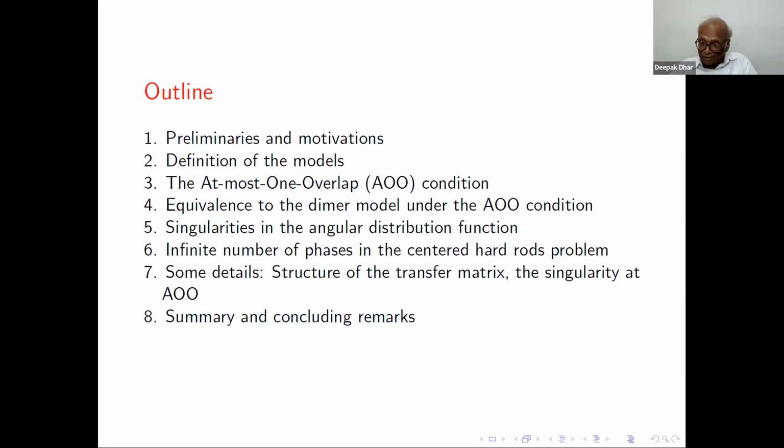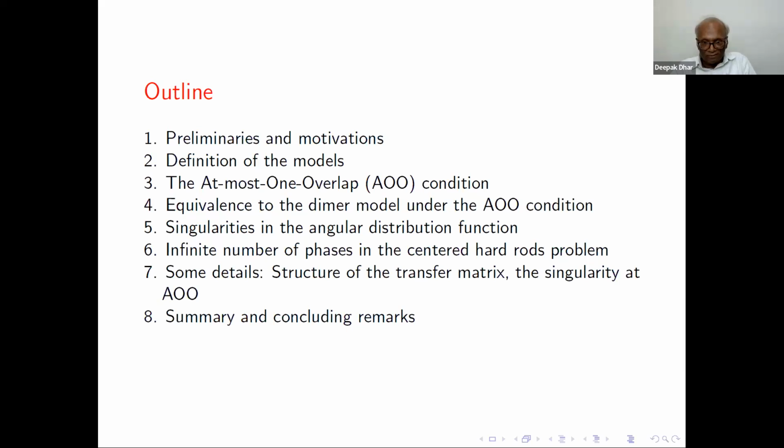In this particular case, when this AO condition holds, this model becomes equivalent to the dimer model on a lattice. This particular result is of interest, and I think it's quite elementary and seems to be powerful enough that you can explain a lot of results about this model in this condition.